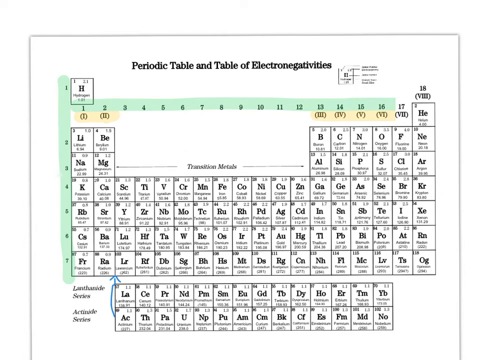Now the periodic table can be used to help you do a whole bunch of different things. The period numbers here also correspond to the rings in a Bohr diagram.